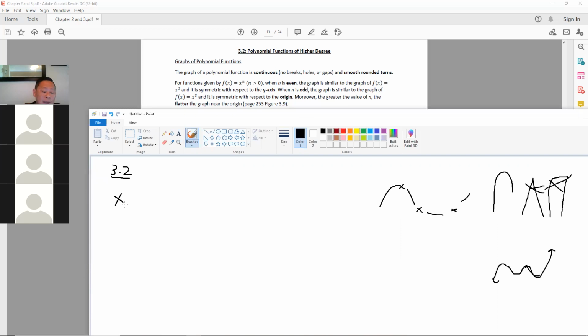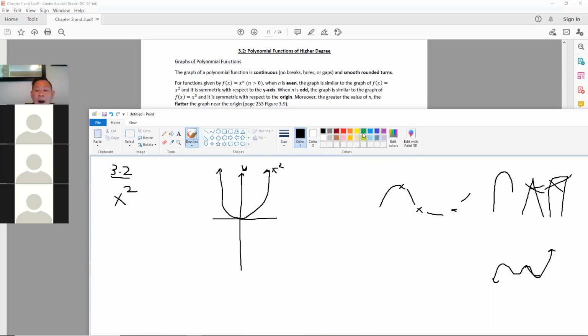As you know, when you talk about x to the n, when n in this case is even, like 2, 4, 6, 8, we did x squared. So x squared is a parabola where the axis of symmetry is on the y-axis, and they are kind of a reflection across the y-axis. This is the graph of x squared.